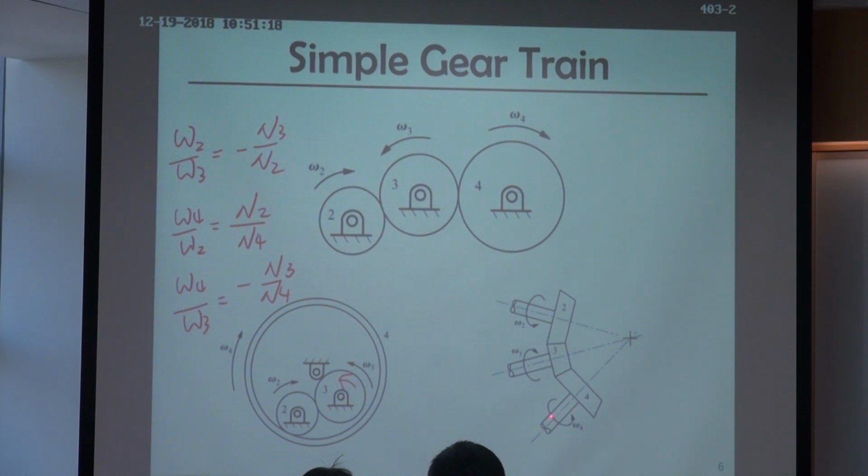We can use these bevel gears to change the angle between those axes. Otherwise, their speed ratio is the same as the external gears. Any question for this one?